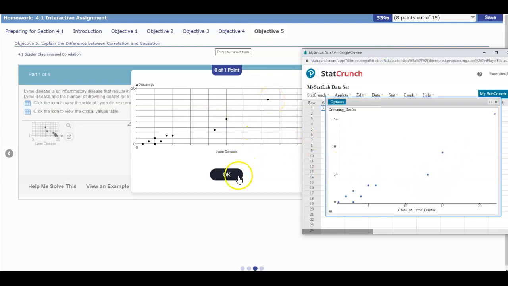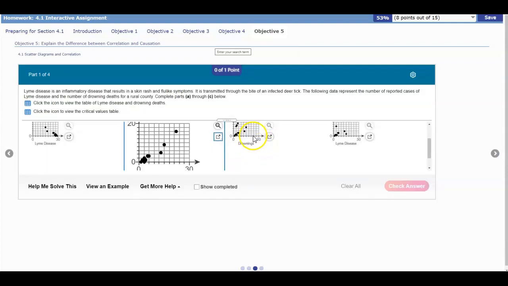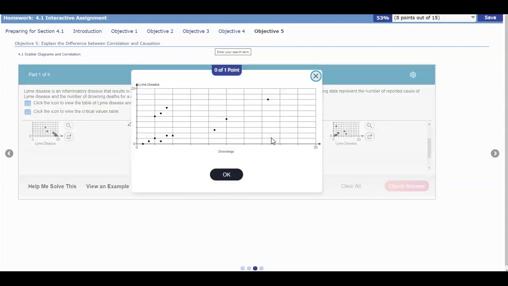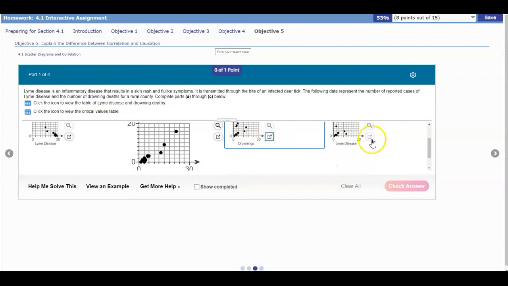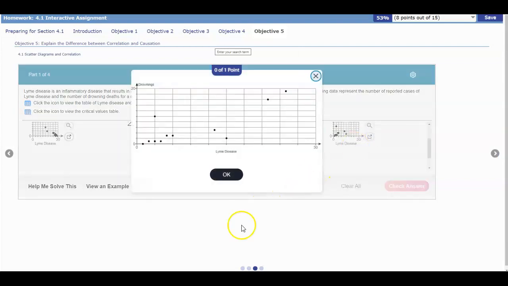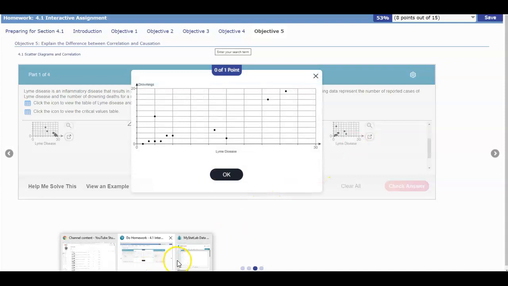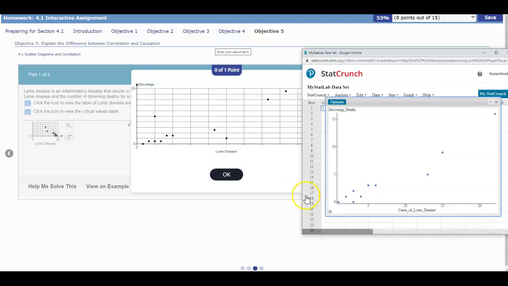So now let's go back to the other choices. We're going to go to C. If we take a look at C and compare our graph, it looks a lot different because you have these points up here and all the points in our graph are located down there. So we can eliminate C. Now let's take a look at D. Compared with our graph, these are all bunched together.